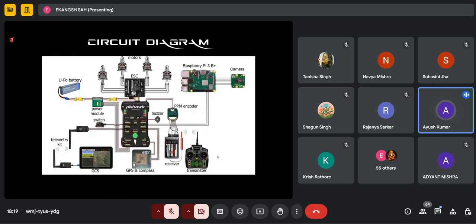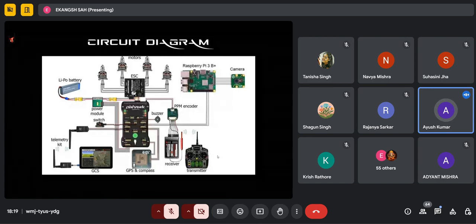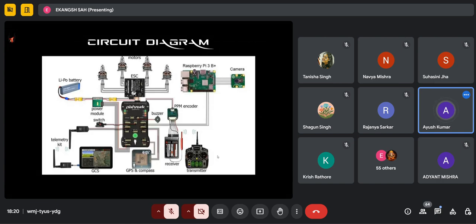Then there is the PPM encoder. It receives multiple PWM signals from the receiver and converts them to one PPM signal, that is pulse position modulation signal. This is done in order to simplify the processing.